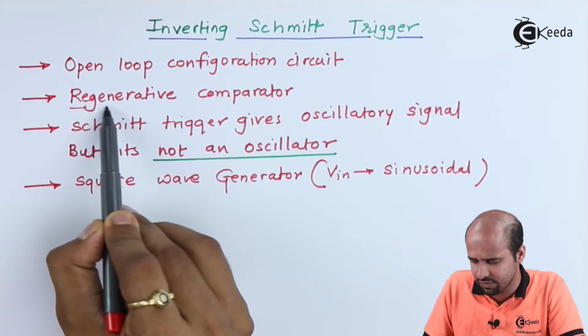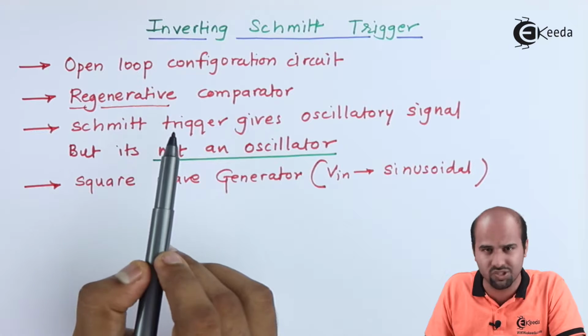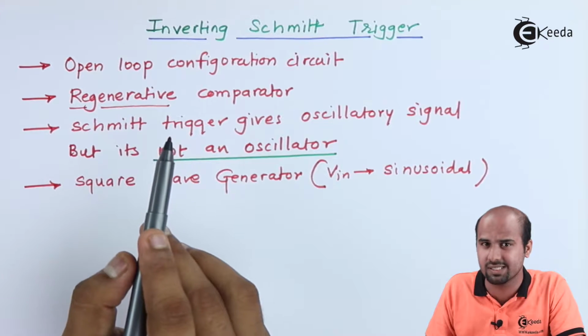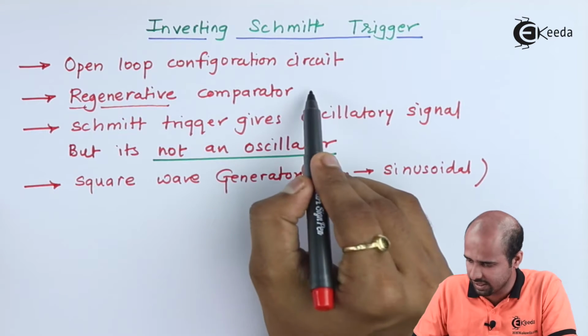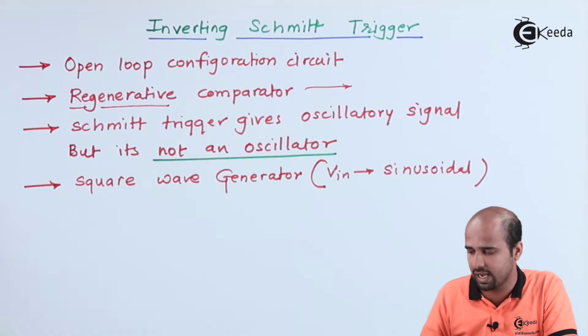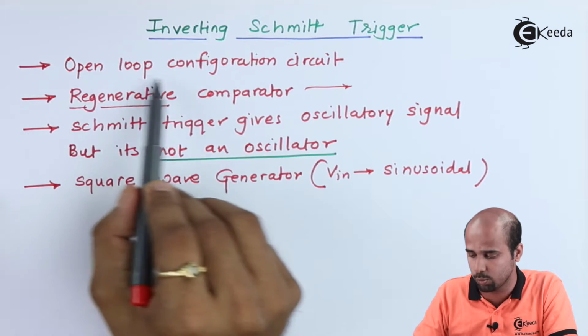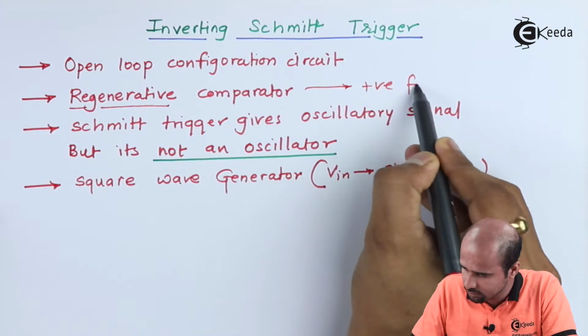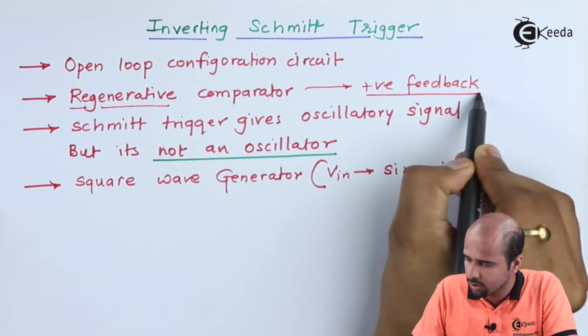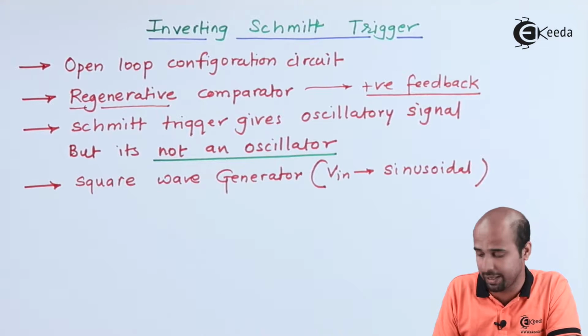This regenerative name, I have heard it somewhere before, right? It is there in the oscillator, right? This oscillator is also called as a regenerative circuit. This is because we are giving positive feedback. Here we are giving positive feedback. As I mentioned earlier, that though it is open loop configuration circuit, it is the positive feedback. So we are getting positive feedback, mind well.